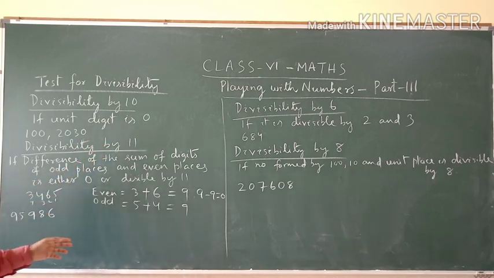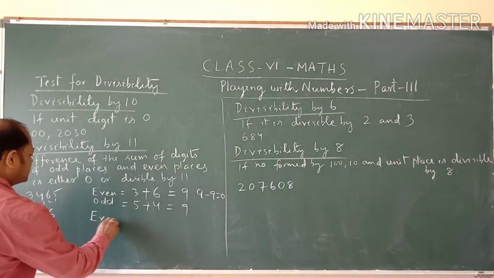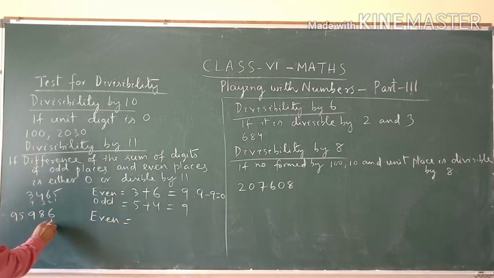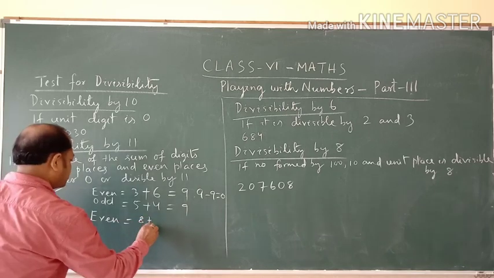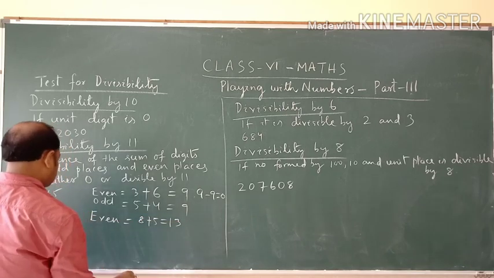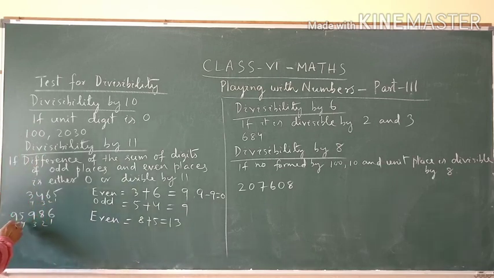Let's take another example, 9, 5, 9, 8, 6. What are the digits present in even places? Let's check. In 1, 2, 3, 4, 5, the even places are 8 and 5. So 8 plus 5 is how much? 13. And what are the odd places?